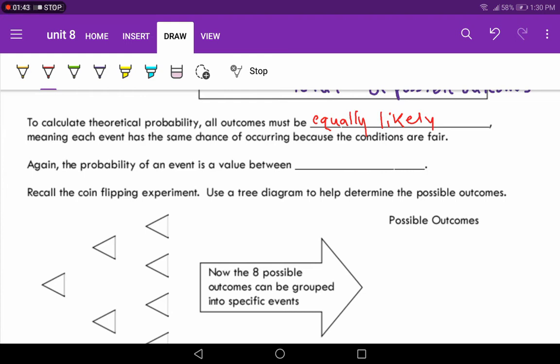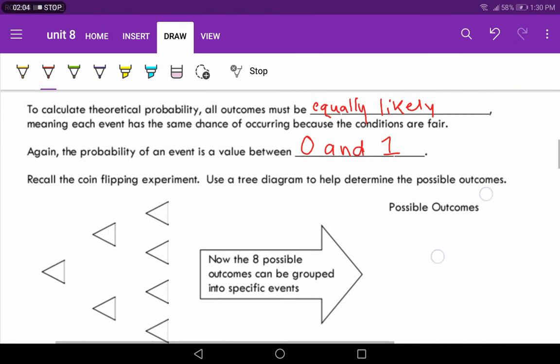So like flipping a coin, it's either going to be heads or tails, and those have an equal likeliness of getting flipped. Okay, so again, the probability of an event is a value between, you should know this, 0 and 1. Okay, again, that fraction, decimal, percent.